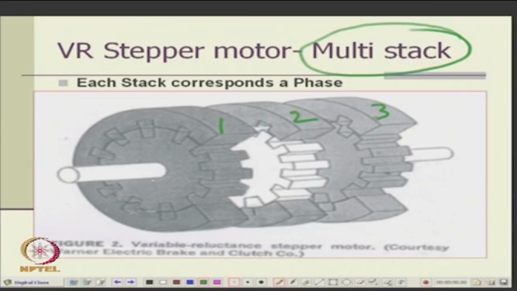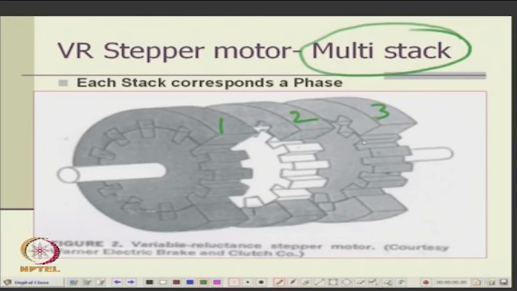So, this can be only one coil. So, this will align with this position. Next you excite it, it will move to that coil, because this stack is different. Either you make a skew between the rotor or make a skew between the stator, either way it is okay. Skewing is the axial shift of the tooth and the slot between stacks.